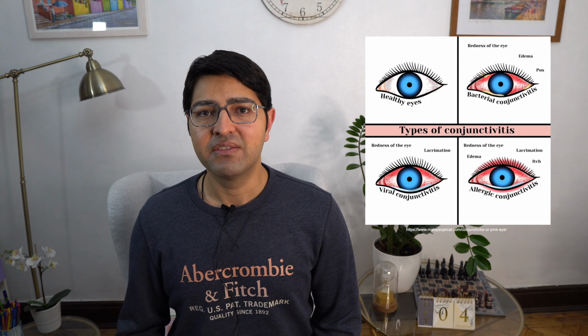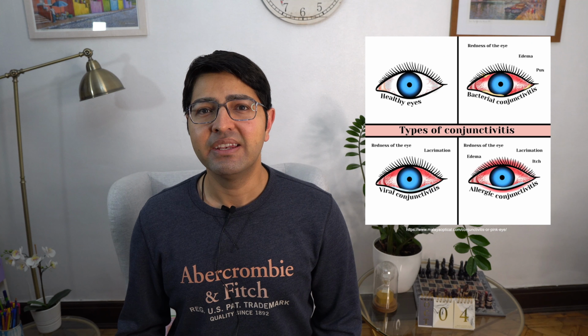Another typical differentiating feature between bacterial and viral conjunctivitis is the nature and appearance of the discharge. In bacterial conjunctivitis, typically one will see a thick yellow-green discharge, which is referred to as a mucopurulent discharge, whereas in viral conjunctivitis, the discharge tends to be more water-like.